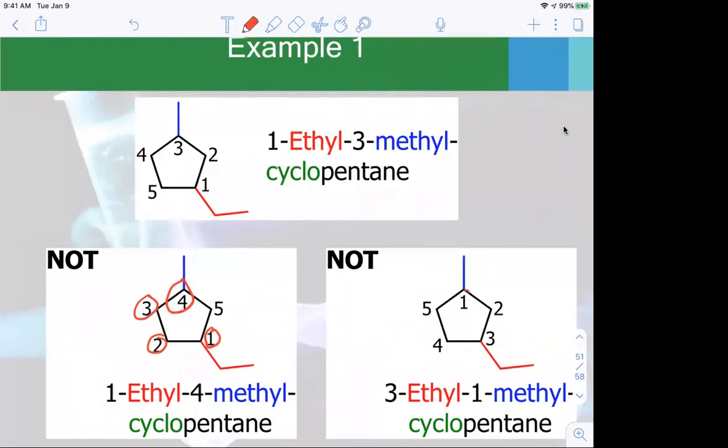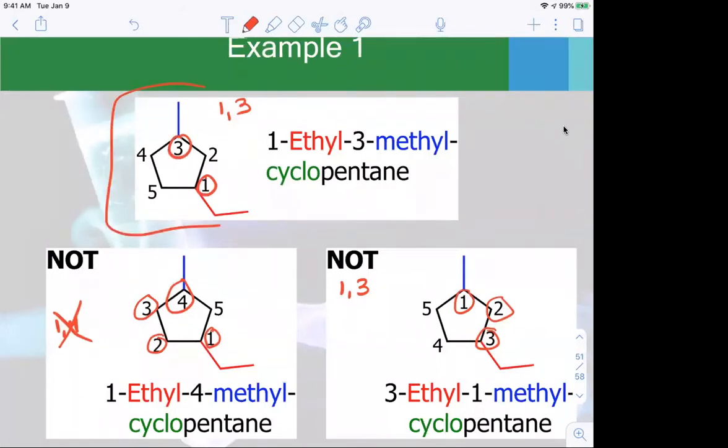I could have 1, 2, 3, 4. Here I would have a 1 and a 3 substituent. Here I would have a 1 and a 4 substituent, so I know it's not this one. Here I have a 1 and a 3 substituent as well.